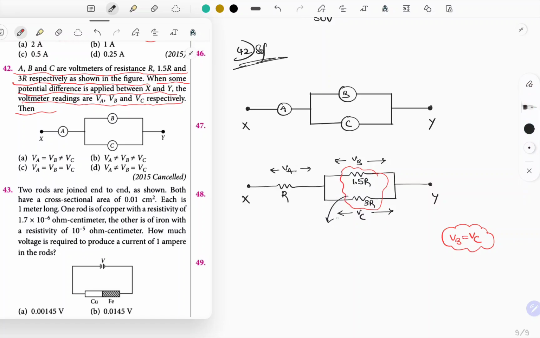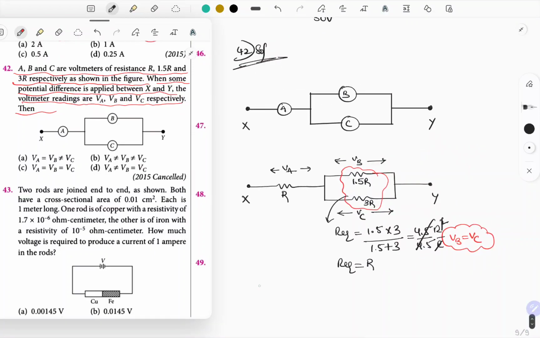Then R equivalent of this combination is 1.5 into 3 divided by 1.5 plus 3. So 1.5 into 3 is 4.5, and 1.5 plus 3 is also 4.5. This will get cancelled. So in the numerator we have R square and in the denominator we have R. R also will get cancelled. Then R equivalent is equal to R itself.